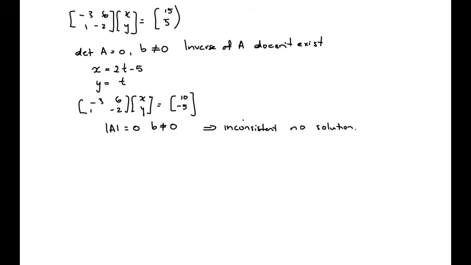And one last one. The determinant is 0, and in this case b is equal to 0 as well. So there's an infinite number of solutions.